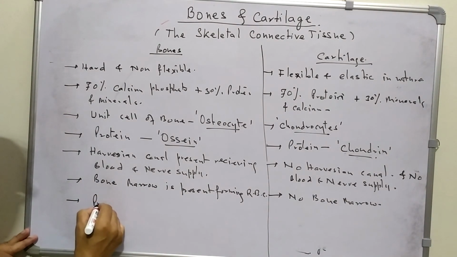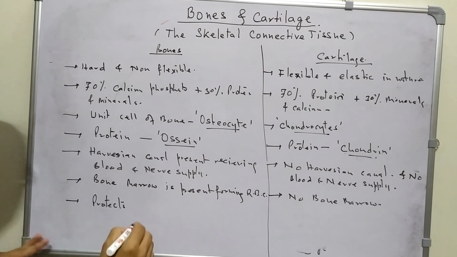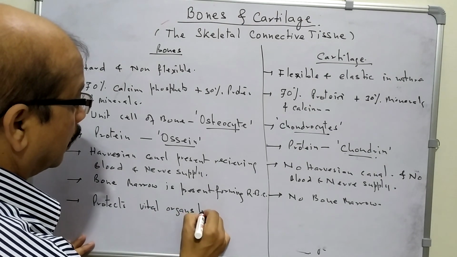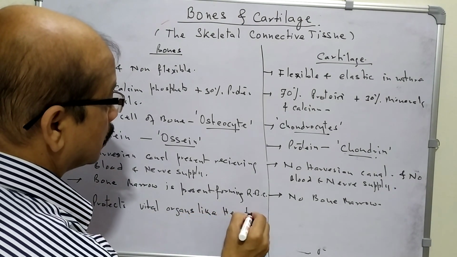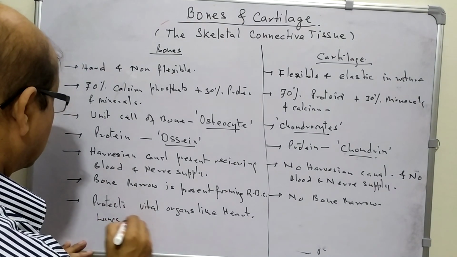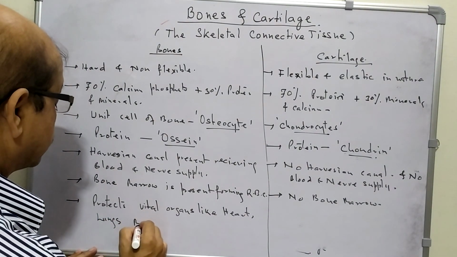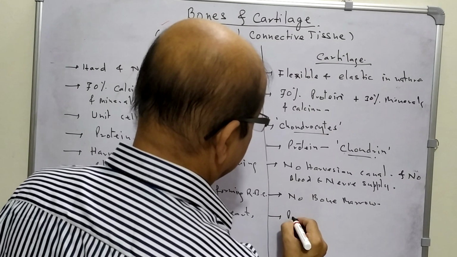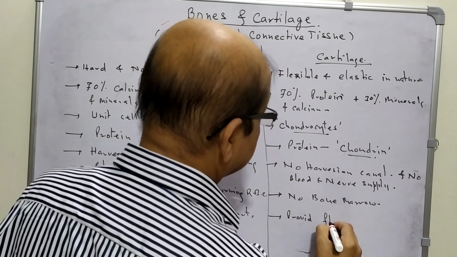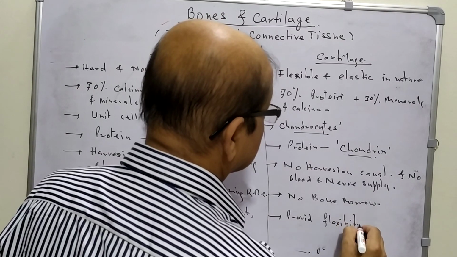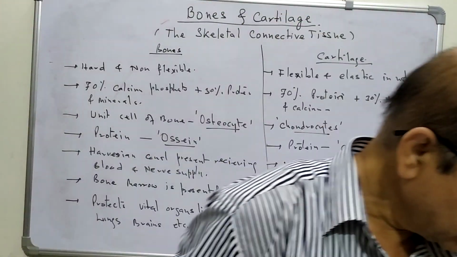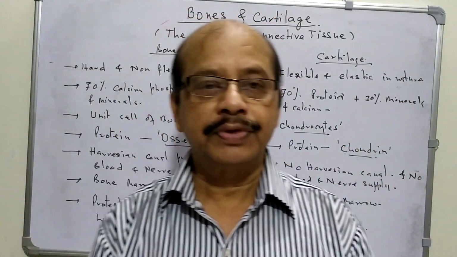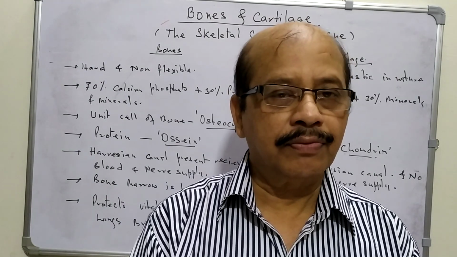Bones protect vital organs like heart, lungs, brain, etc. Cartilage provides flexibility. I think it is all about the bones and cartilage, that is the skeletal connective tissue of the body. So thank you very much for watching this video.